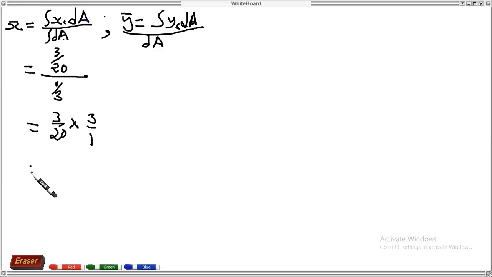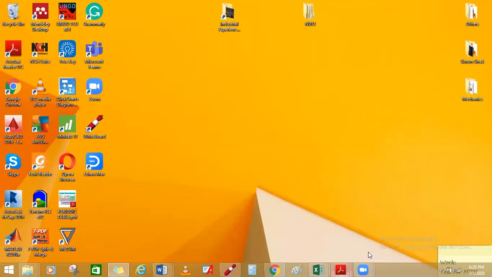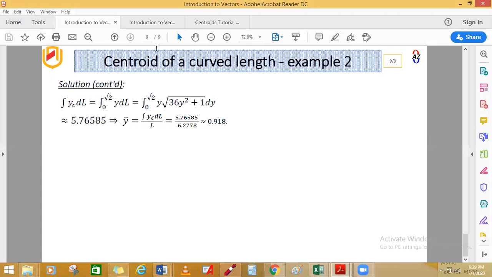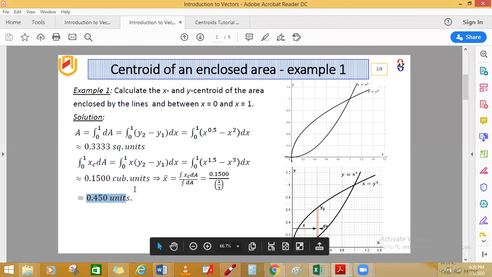So this should give you 9 over 20, that's the same as having 9 divided by 20, 0.45. That's the point, the x bar. Okay, 0.45. Let's see what we got. Okay, 0.45. You see, it's the same.